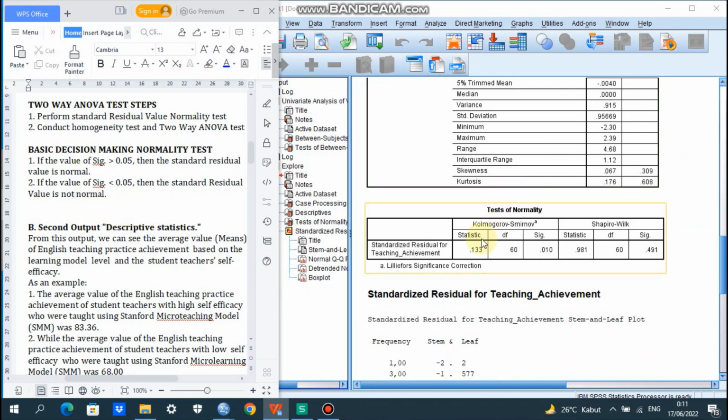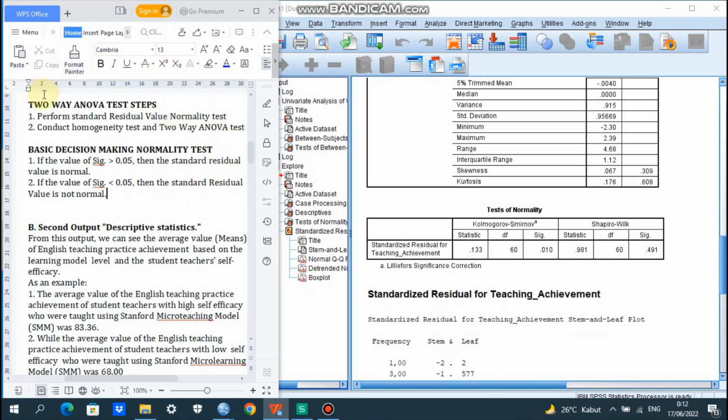And then from the result of the SPSS output here for the test of normality, we can see that the significance value 0.491 is more than 0.05. So because of that, we can interpret that the standard residual value is normal in data distribution.